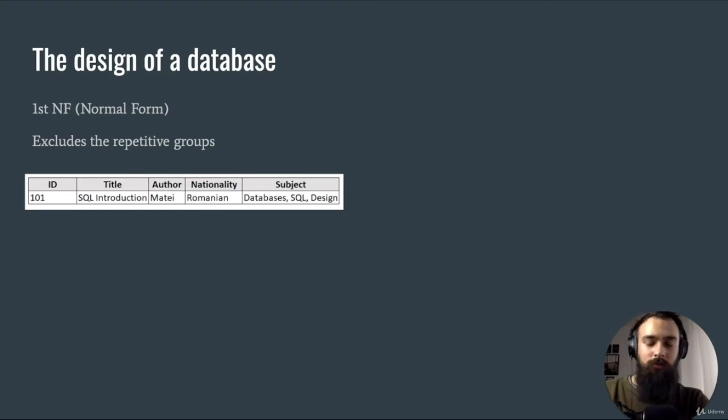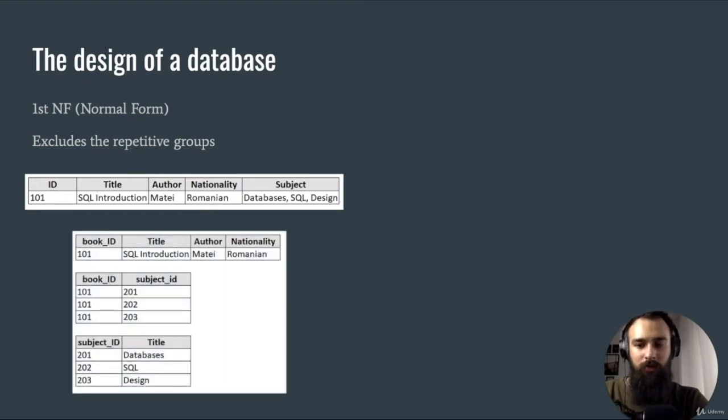So we have to split this table into three tables. One that contains the books. We only have one book, the SQL introduction book. And one that stores the subjects. We have three subjects, each subject with its own ID: databases, SQL, and design.